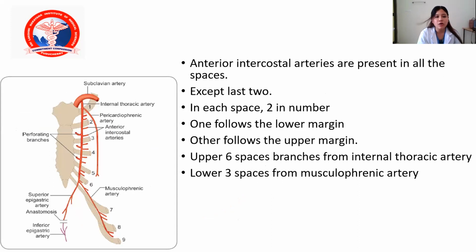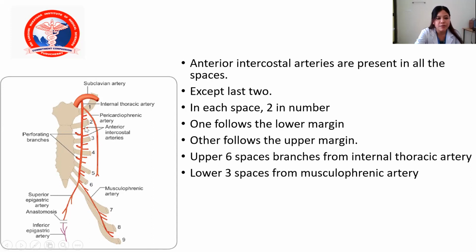Now about the intercostal arteries. The anterior intercostal arteries are present in all spaces except the last two. These are two in number in each space.